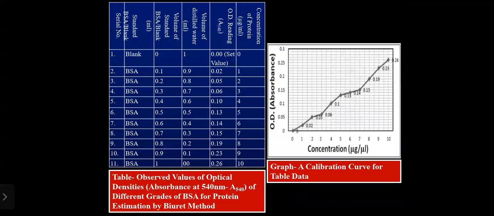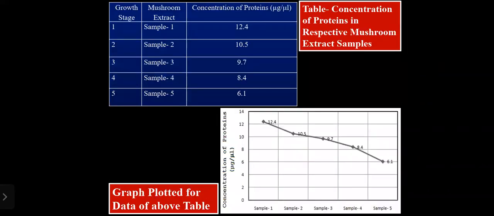In this method, a calibration curve is plotted based on known concentrations of bovine serum albumin or any other protein in linearly ascending order. The concentrations of total proteins at individual stages were elucidated by extrapolating their individual OD values on the calibration curve.